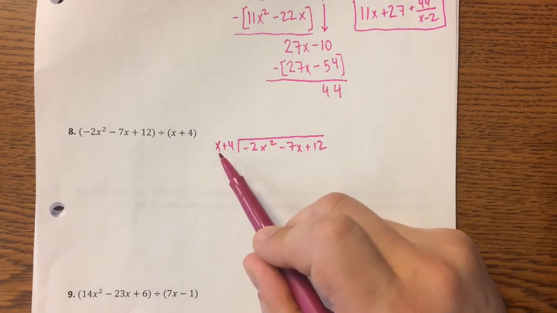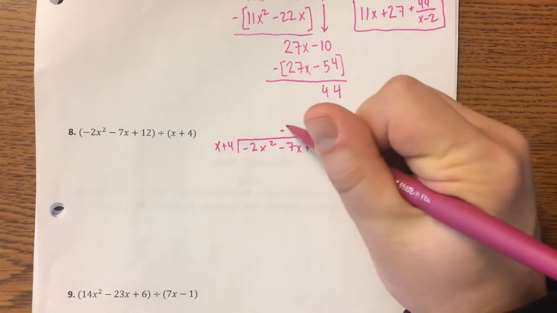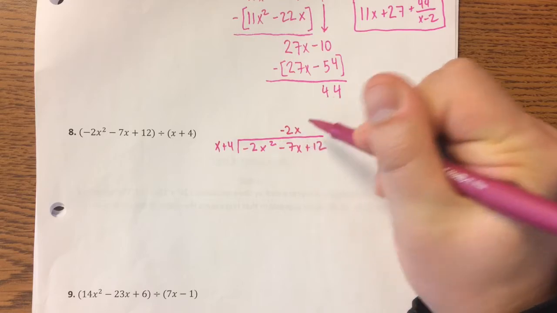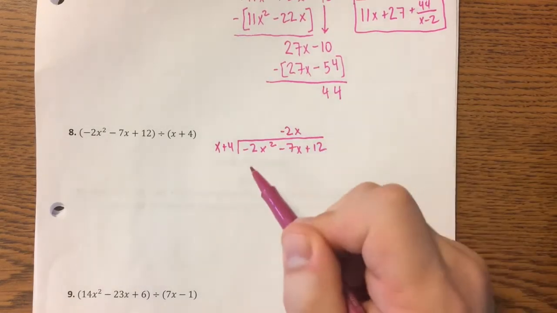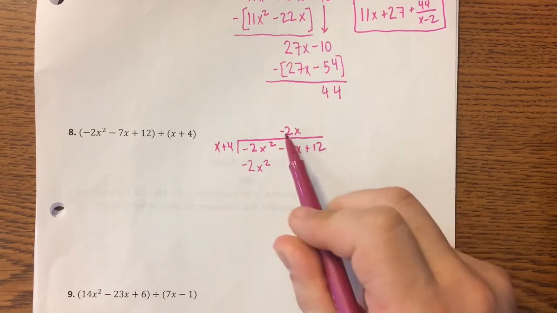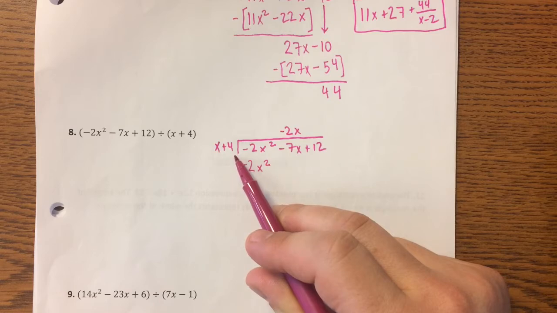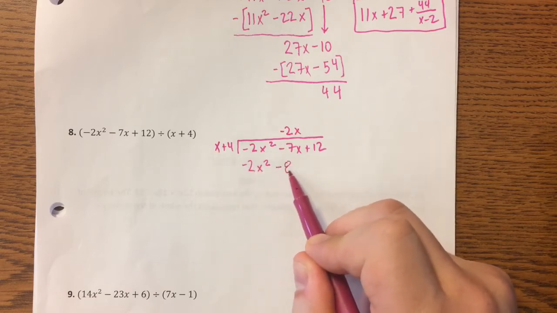What do I need to multiply x by to make it negative 2x squared? Negative 2x. So negative 2x times x plus 4 is negative 2x squared. Then negative 2x times 4 is what? Minus 8x.